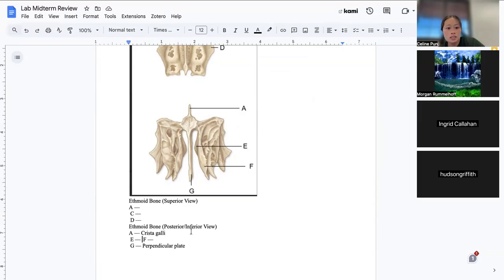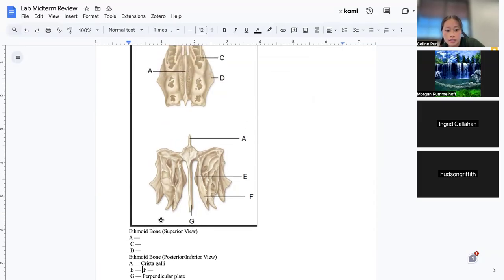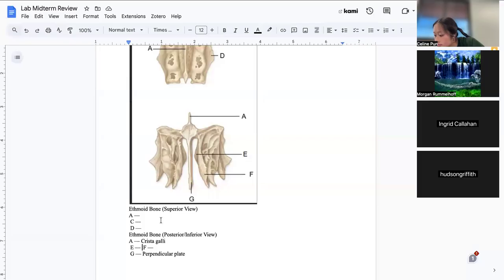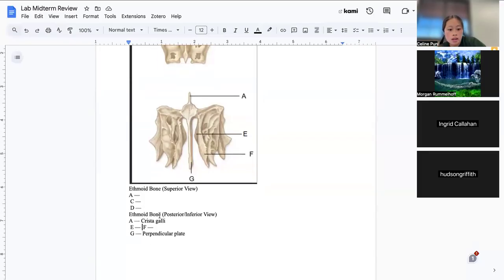Okay, so A is crista galli. E is superior nasal concha. And F is the middle nasal.